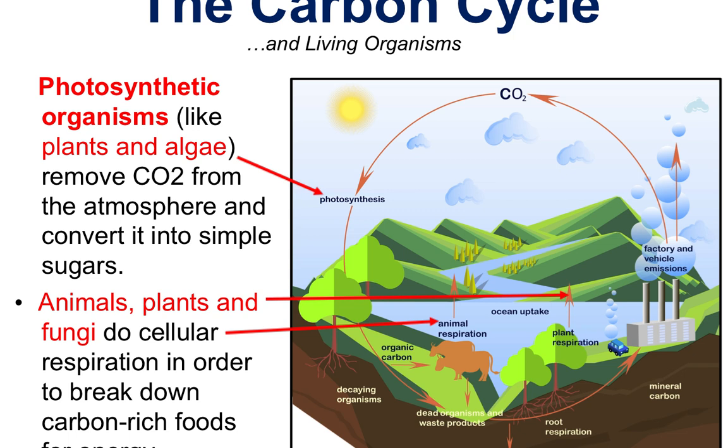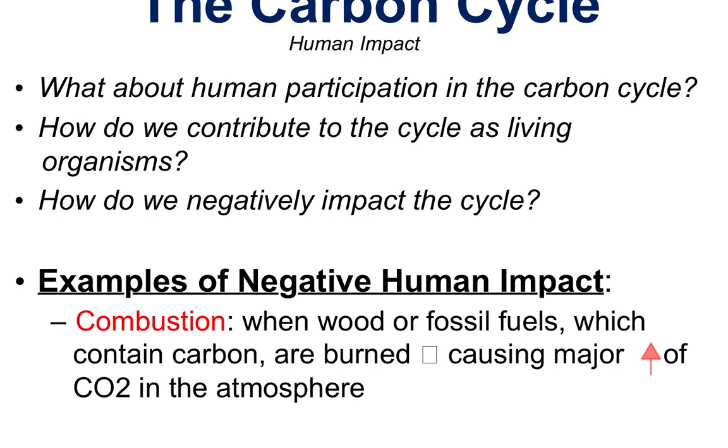Animals, plants, and fungi do what's called cellular respiration, breaking down carbon-rich foods, glucose, and other molecules for energy. And so there is a huge human impact when it comes to the carbon cycle.